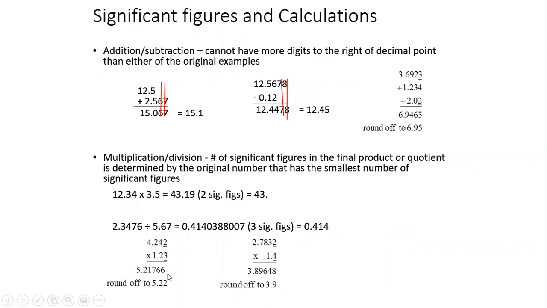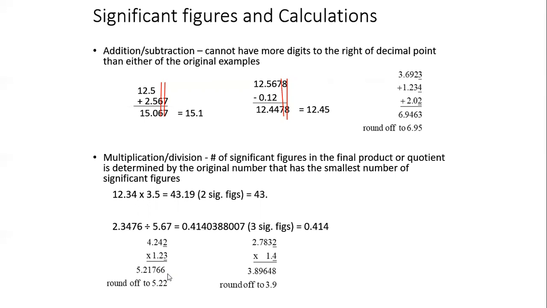So the last thing we want to talk about is significant figures with calculations. If we do addition and subtraction, or multiplication and division, how do we determine the number of significant figures in our answer? This is very important because when you're doing measurements in the lab and you have to do calculations, say for example, you want to measure the density of a cube, how you measure the side of the cube will dictate how many significant figures are in your final answer.